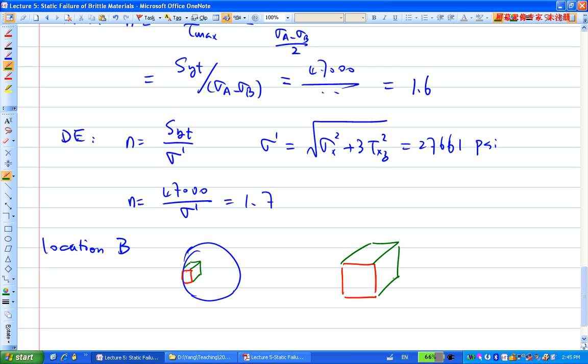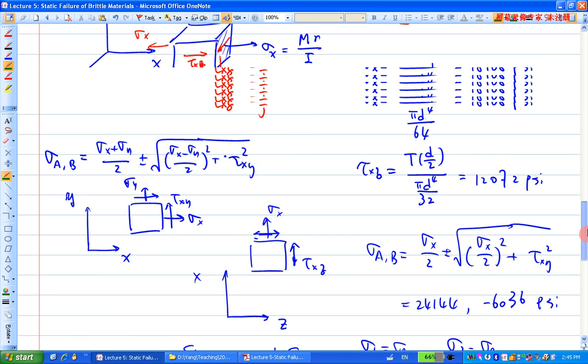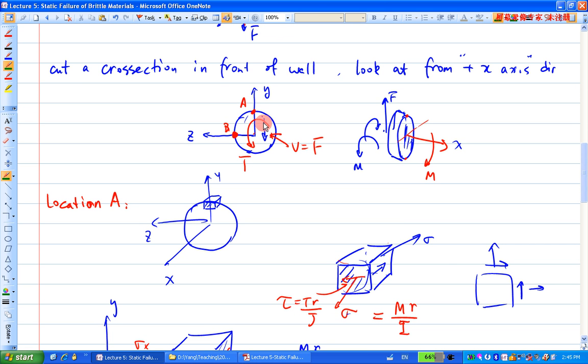So what is the stress distribution on each side of the cube? That depends on the loading condition. So what do we have at this cross section? We have a torque, we have a shear force, and we also have a bending moment.